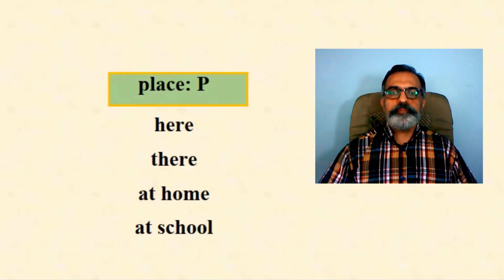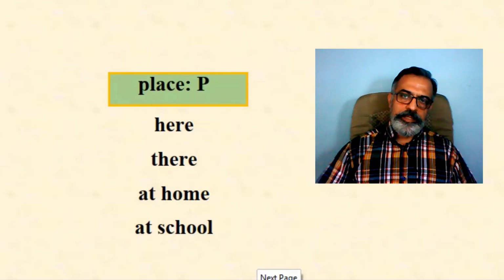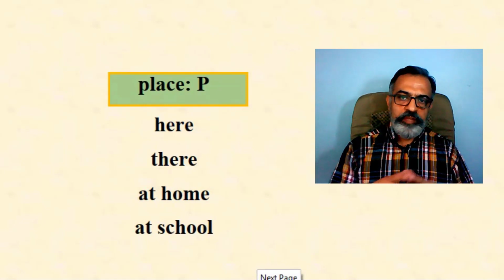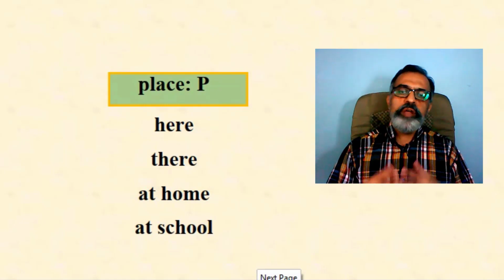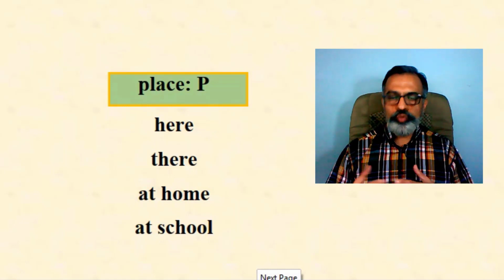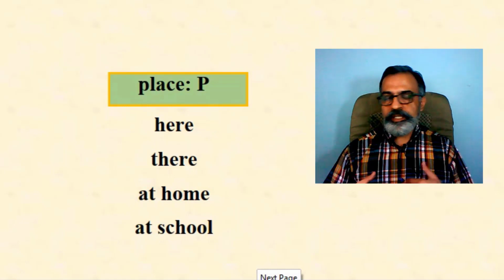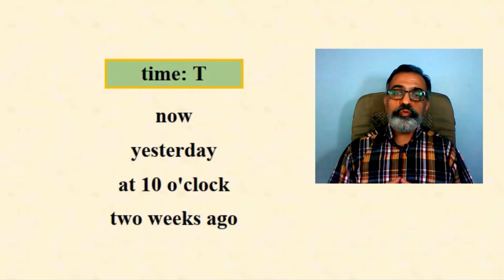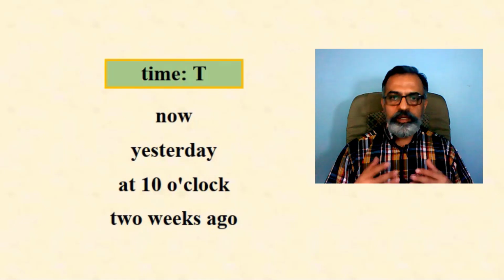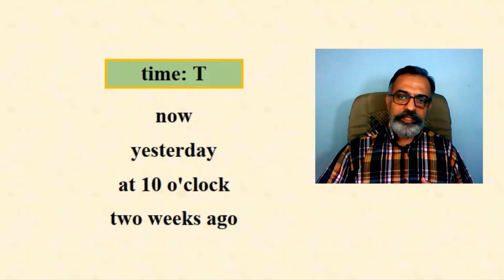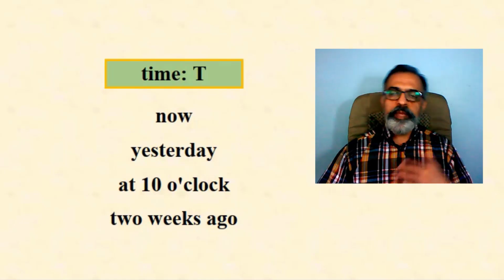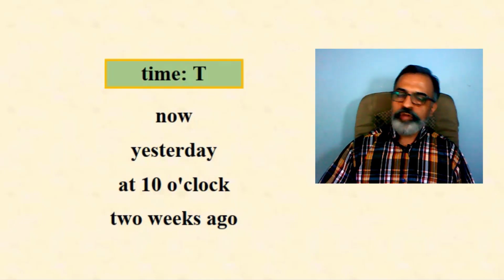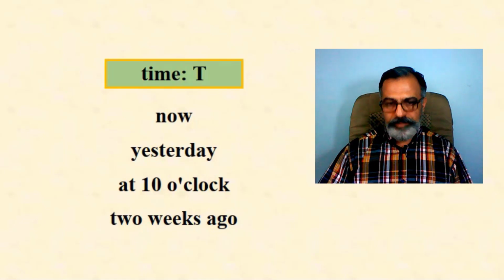Another adverb is adverb of place, that shows the place of doing the verb, where the verb is done: here, there, at home, at school, in the street, in my city, in your country. And then we come to adverb of time: now, yesterday, at 10 o'clock, two weeks ago, many years ago, and many different kinds of adverb of time we can use in our sentences.